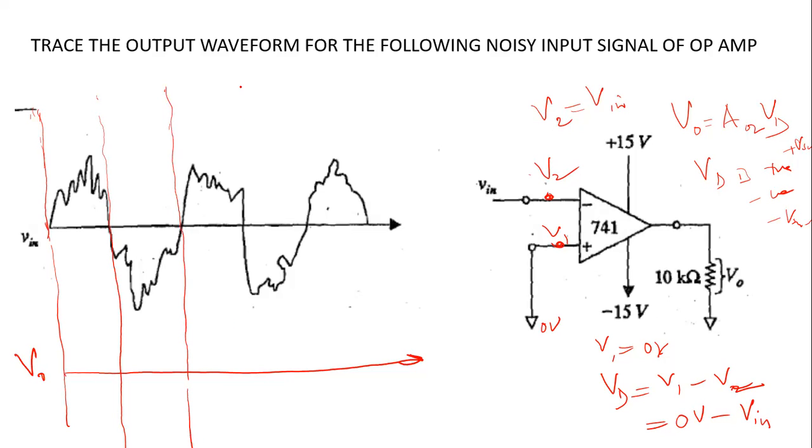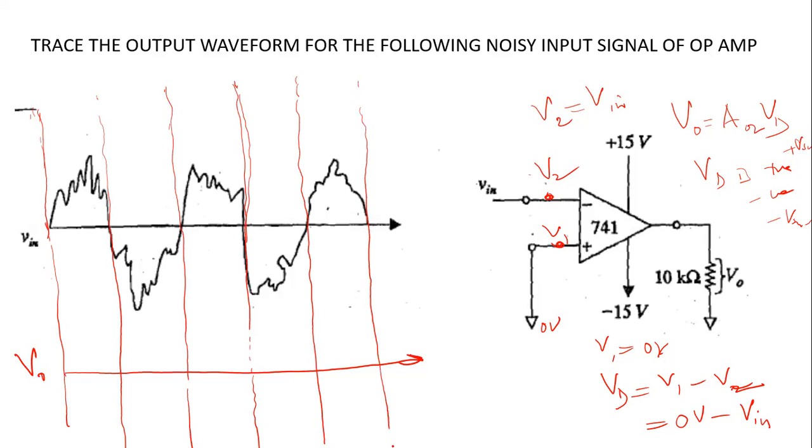Okay, so for this noisy arbitrary input signal, what will be the voltage signal, the output signal, between this interval?